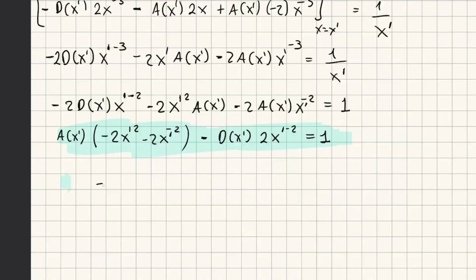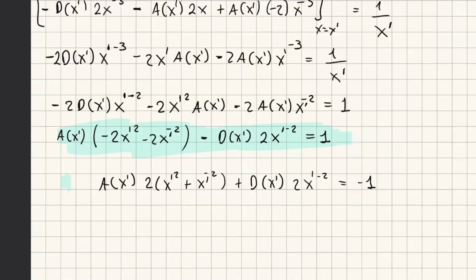It will be a of x prime, let's say 2 times x prime squared plus x prime to the negative 2, plus d of x prime 2 times x prime to the negative 2 equals minus 1, right? Just by multiplying by minus 1 on both sides of the equation.